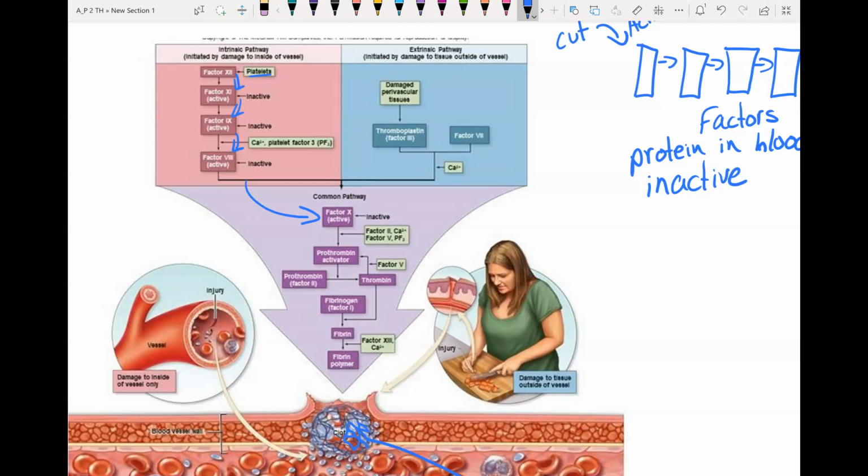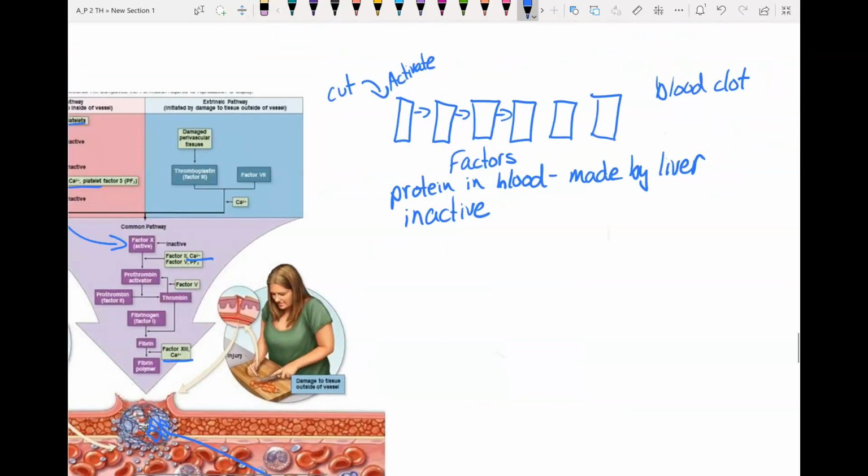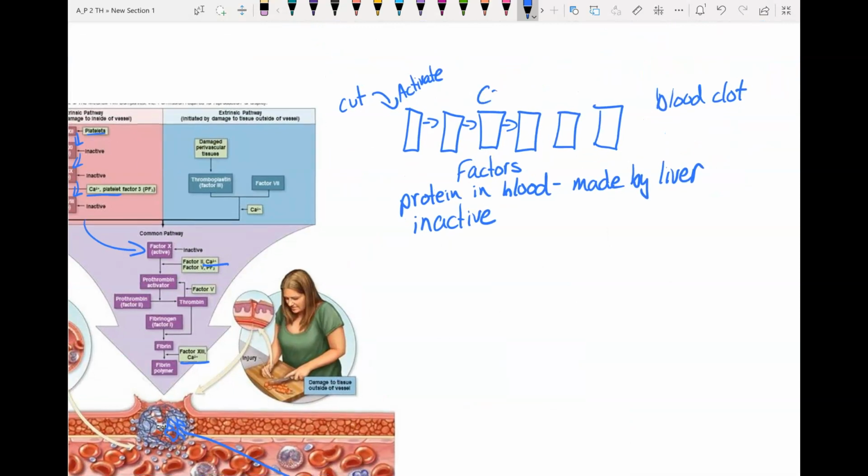Notice also along the way you have calcium sprinkled in here. If you remember back in chapter 7 when we were talking about blood calcium, we said that one of the reasons you need blood calcium is in order to form blood clots. So also along the way here, calcium is needed in order for some of these dominoes to each knock down the next.